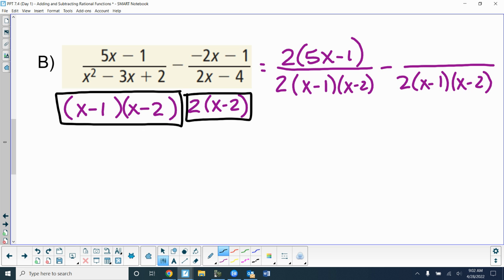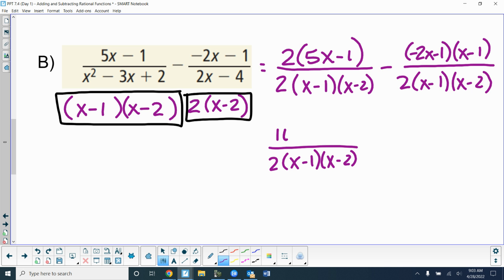You see that? So it's negative 2x minus 1 times x minus 1. Questions? No one? You get that? Good. So, what do I do with the 2? Distribute. Very good.